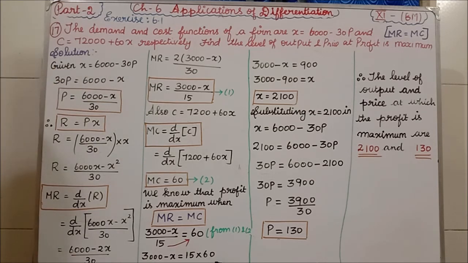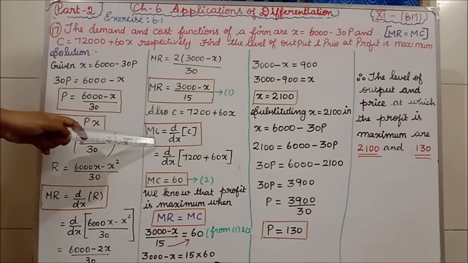Next, what we have to find? We have to find marginal cost. For that they have given the cost function: C is equal to 72,000 plus 60x. If they have given the cost function, then it is easy for us to find the marginal cost, because if you differentiate the cost function, that is the marginal cost.